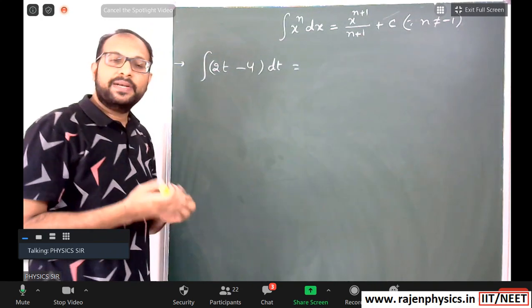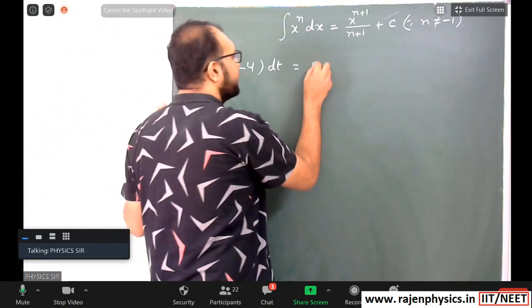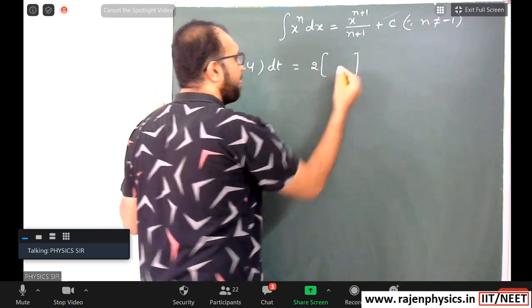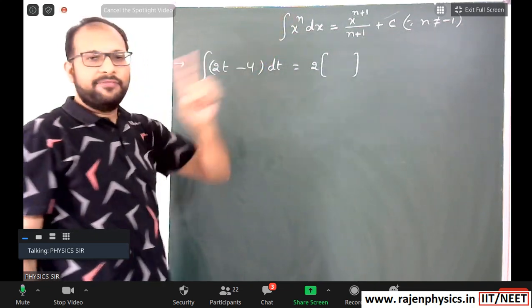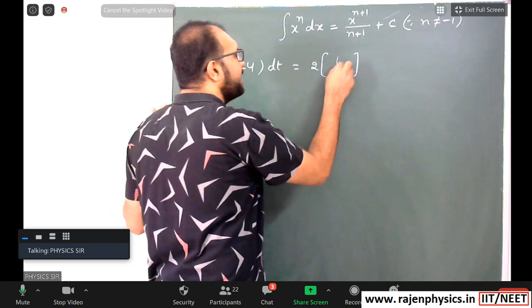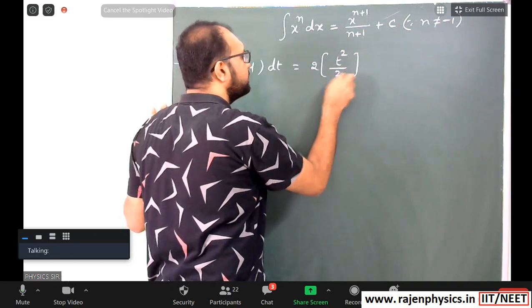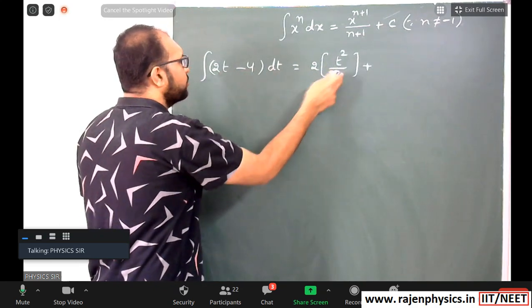That's why directly I am writing 2t, 2 constant outside. Only t dt. T means t to the power of 1, means n plus 1, indirectly t square by 2. 2t square by 2 completed.